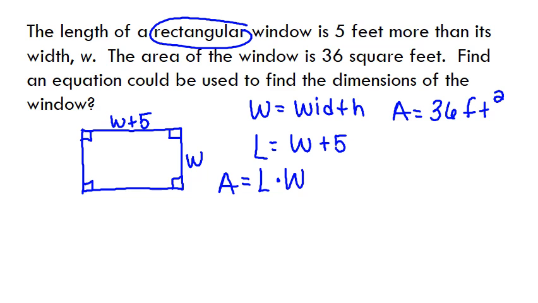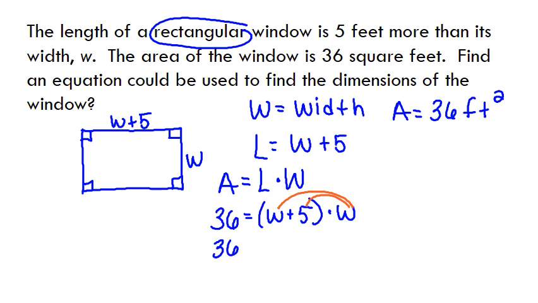So we know that our area is 36, our length is w plus 5, and our width is just w. To find a good equation, we want to get this into a form where we could solve for it. So we're going to distribute our w through here and have 36 is equal to w squared plus 5w.